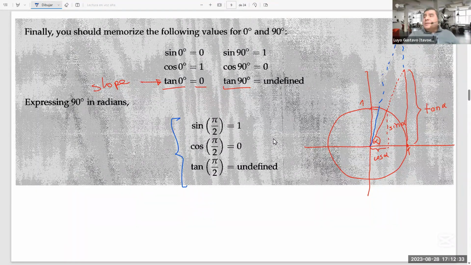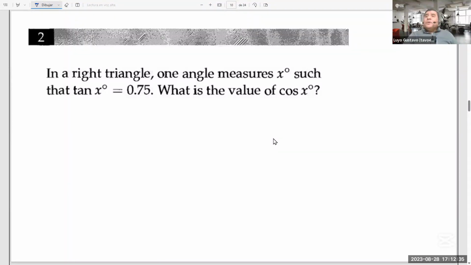Okay, so let's see a few more real examples in the SAT. We have this question. In a right triangle, one angle measures x degrees such that the tangent of x degrees equals 0.75. What's the value of the cosine of x? Okay, can you try? Please, go ahead.